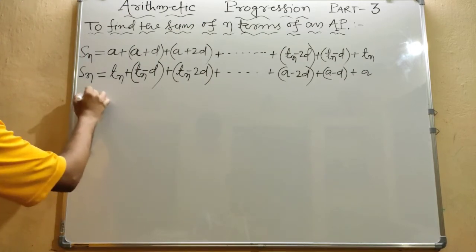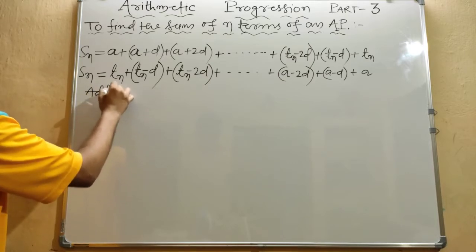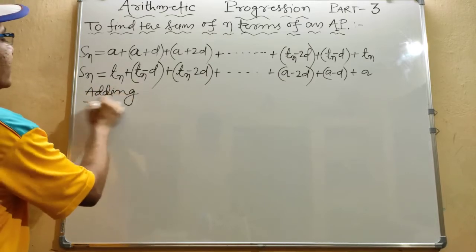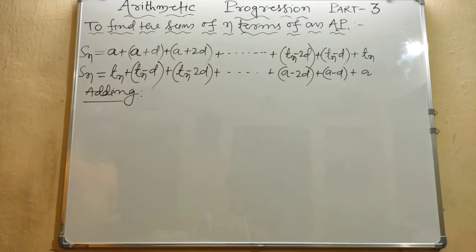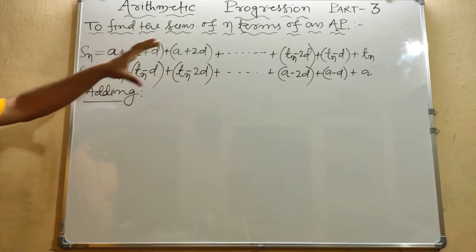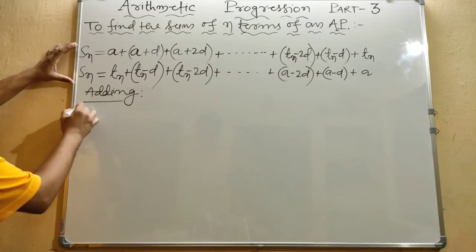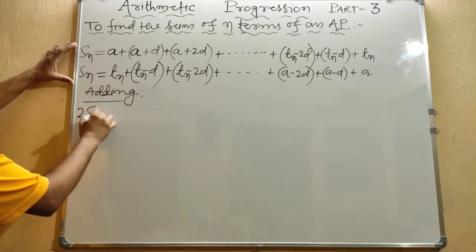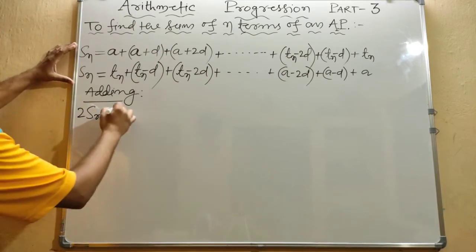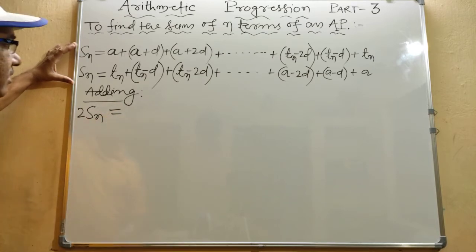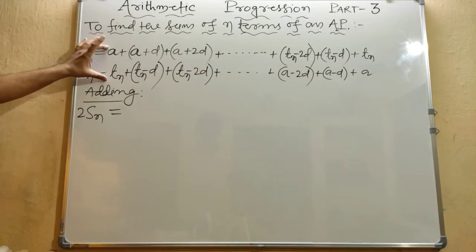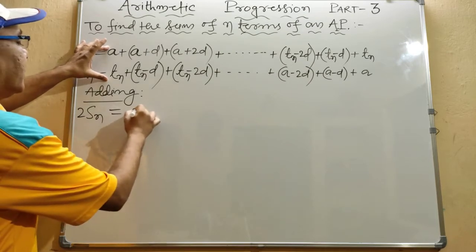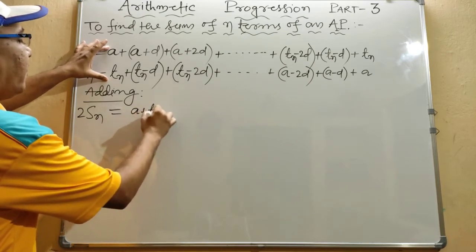Adding, add these two. Adding means the left hand side will be added, the right hand side will be added. Left hand side, add Sn and Sn, 2Sn, and on this side add these two, a plus Tn.